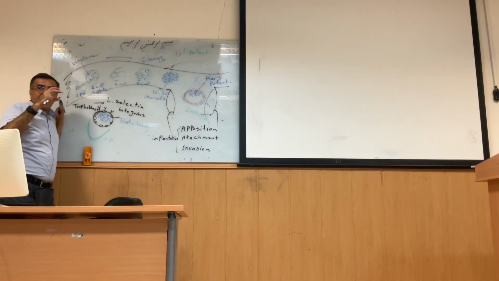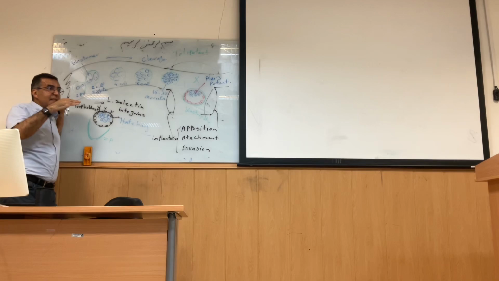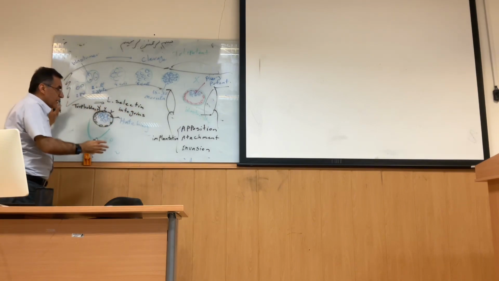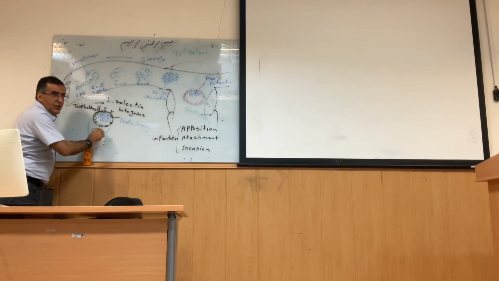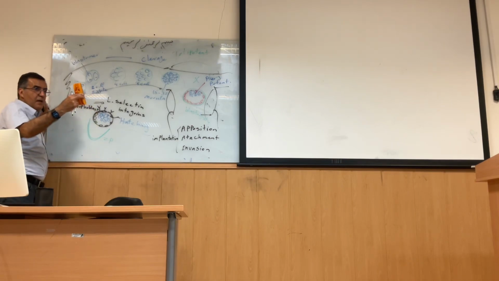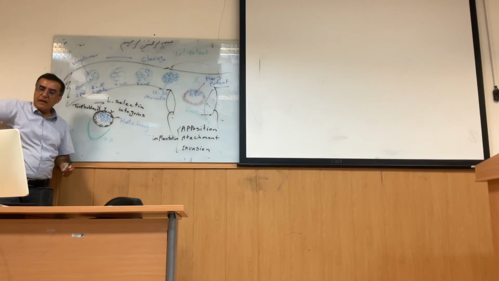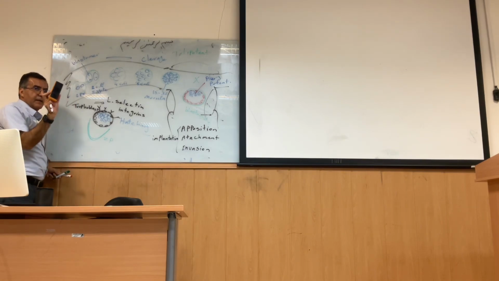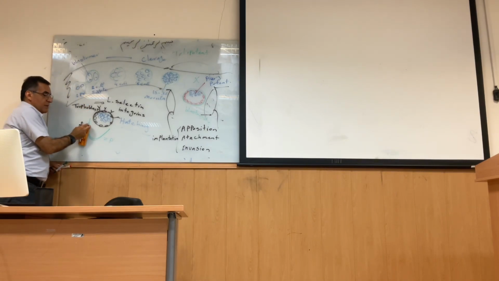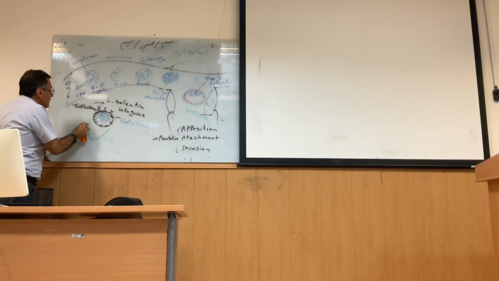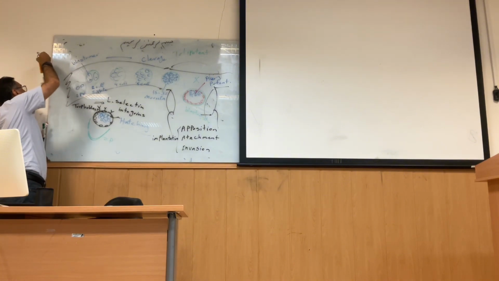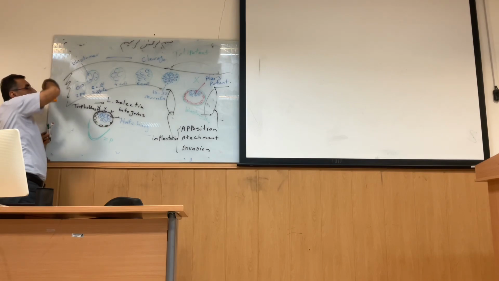The next step is attachment, and the second step is penetration. For example, this is the uterine wall and this is an embryo with the inner cell mass. It has to rotate to this side, and when it is attached, after that it has to penetrate into the wall.